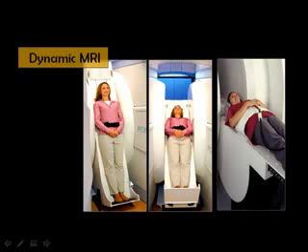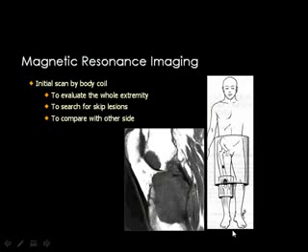This dynamic MRI can scan the patient while standing, semi-erect, or supine, and it has a major role in assessment of the postoperative spine and other pathologic entities in the spine.